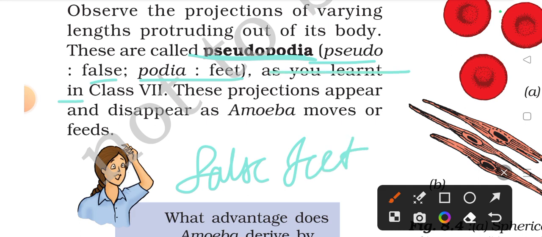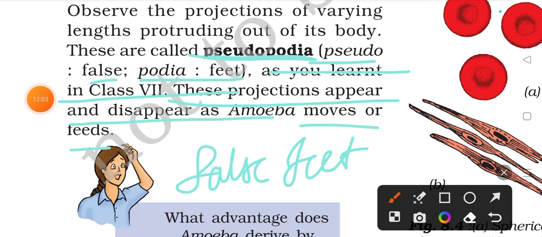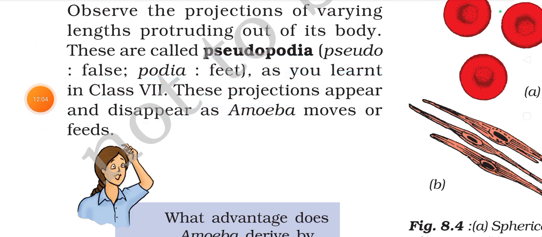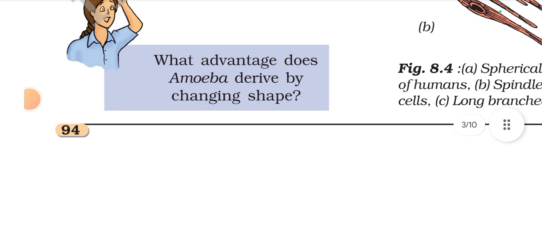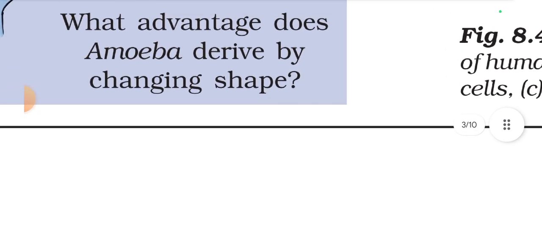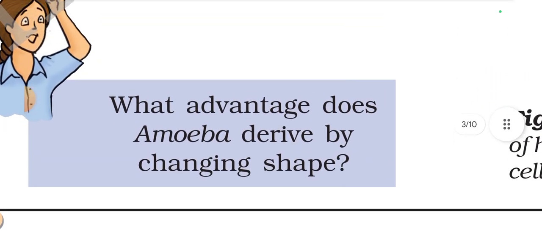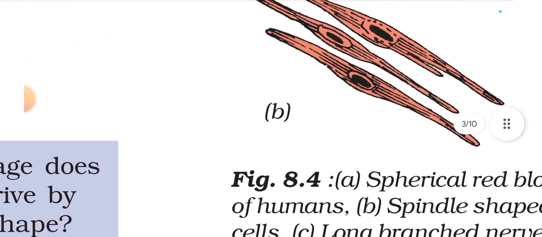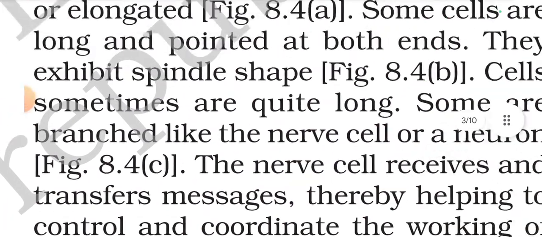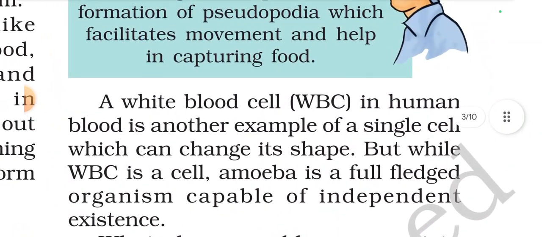As you learned in class 7, these projections appear and disappear as amoeba moves and feeds. So to engulf any structure, this amoeba uses it. What advantage does amoeba derive by changing its shape? Amoeba derives a lot of advantage by changing its shape because it helps it to move and to catch and capture the food.